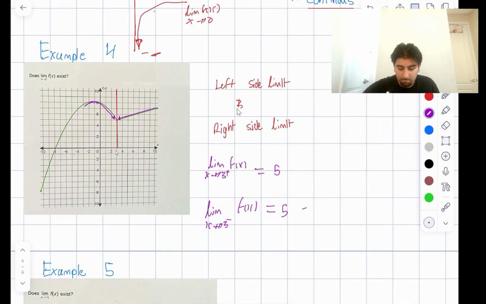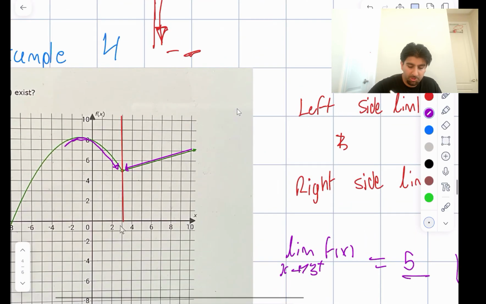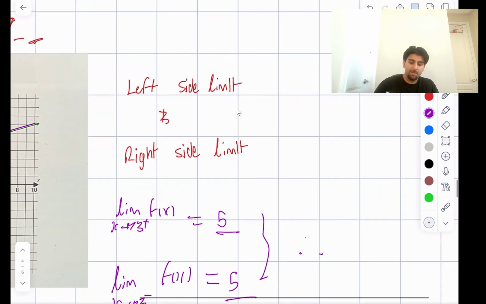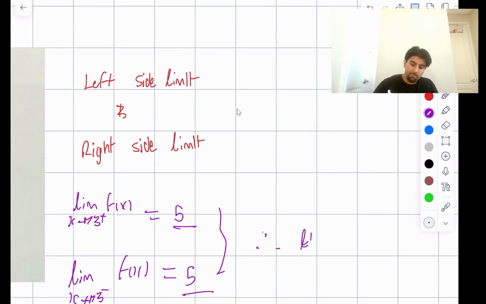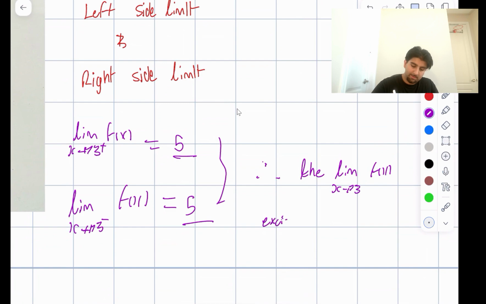So, therefore, it's a finite number, right? It's unique. There's only one limit. It's both approaching, and both limits exist from both sides. So therefore, the limit as x approaches 3 of f of x exists and equals 5.